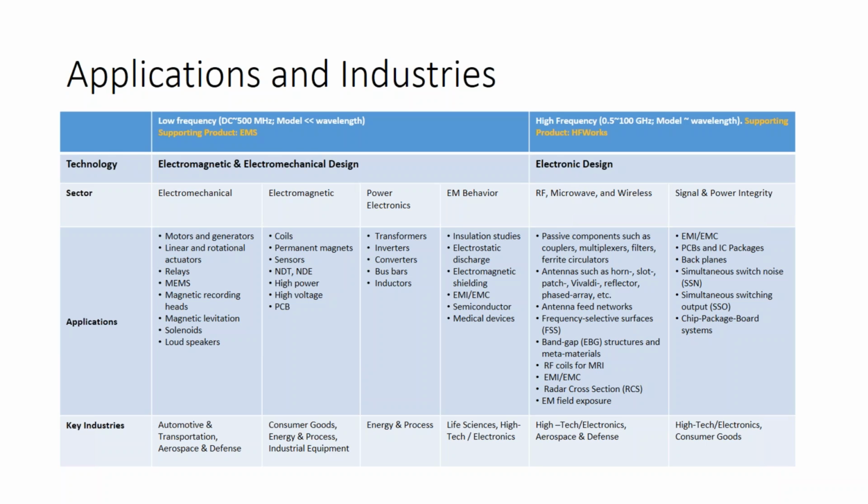On your left hand side you see the low frequency product that, as I said, goes all the way up to several hundred megahertz, and the high frequency product which can do up to several gigahertz. The product here is called EMS, and the supporting product here is called HFWorks. EMS is basically for electromechanical design, and HFWorks is mainly for electronics, passive, RF and microwave components. Okay.